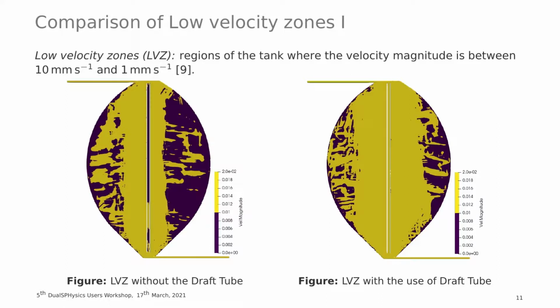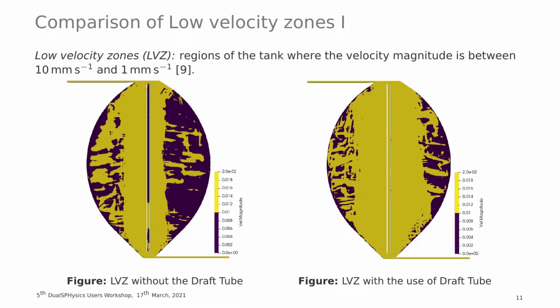The first one that we're going to talk about is the low velocity zone, which is basically the region within the tank which has a velocity of 10 millimeters per second to 1 millimeter per second, and you can see a comparison of when there wasn't a draft tube and when there was.